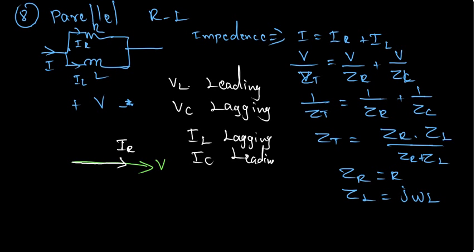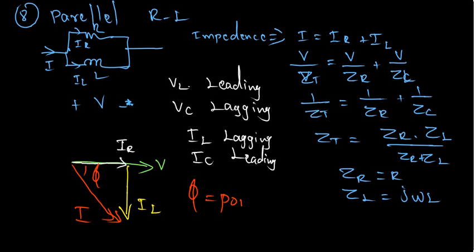So IL is lagging, so IL is going to be drawn lagging over here. The total current is given by this line, and here phi is the power factor angle.